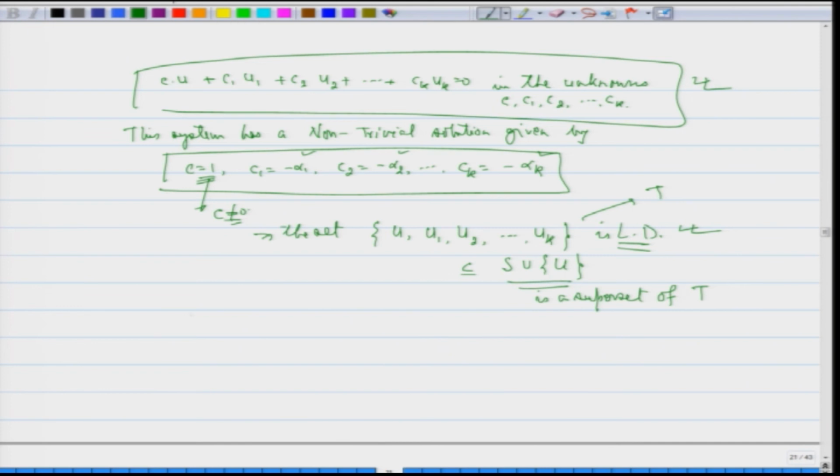That is a contradiction, a contradiction to our assumption that S union u is linearly independent.